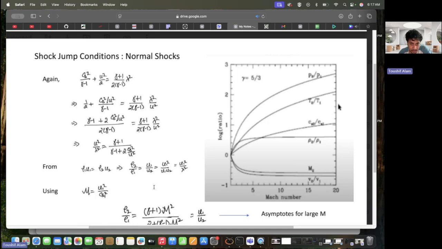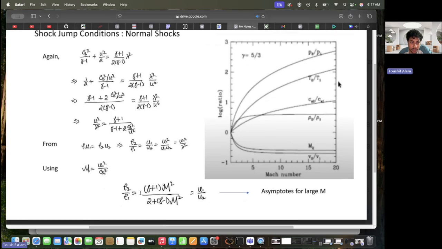Using M is equal to U1 square by CS1 square, we will get that rho 2 by rho 1 is gamma plus 1 from here. This is the rho 2 by rho 1 is U1 square by lambda square. Okay. So put here.